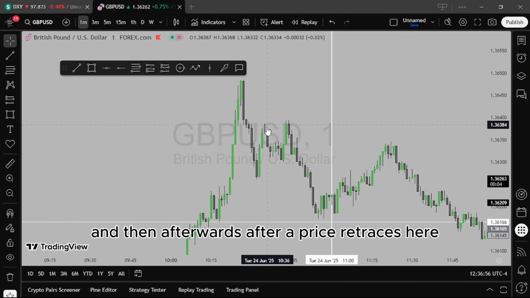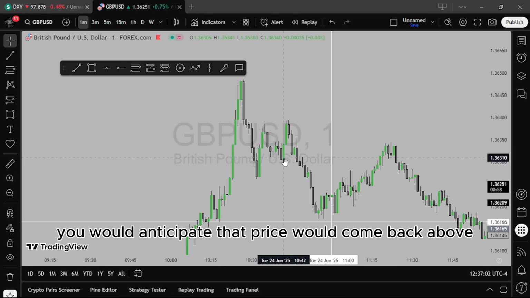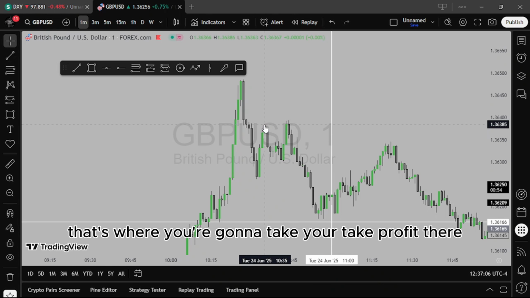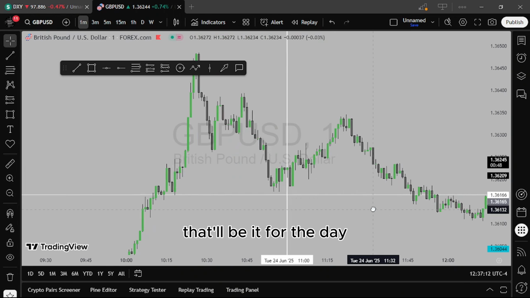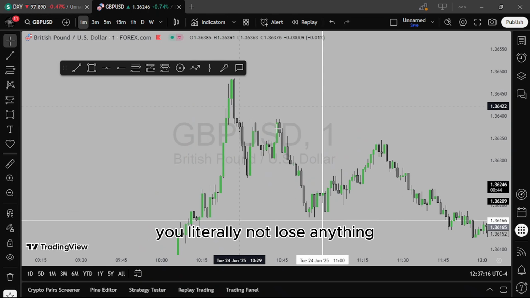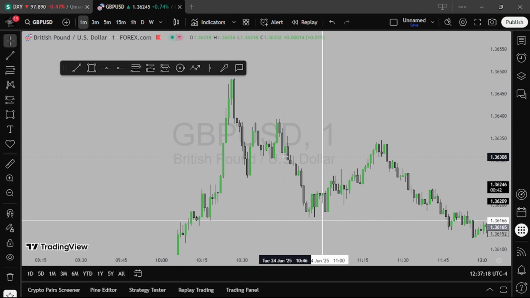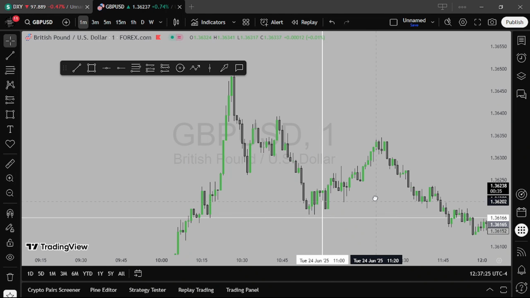Afterwards, after price retraces here, you would anticipate that price would come back above. That's where you take your take profit, and then it goes above. Then that'll be it for the day. You wouldn't lose anything here. You'd literally not lose anything if you understand the strategy of using partials in your trades.